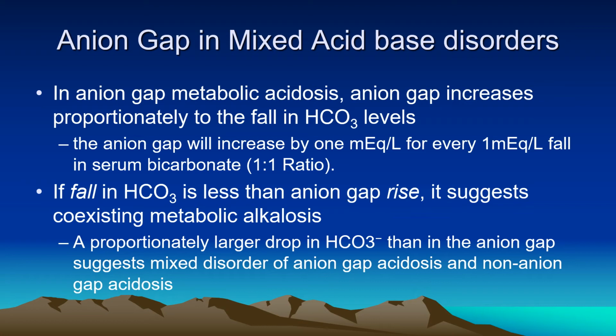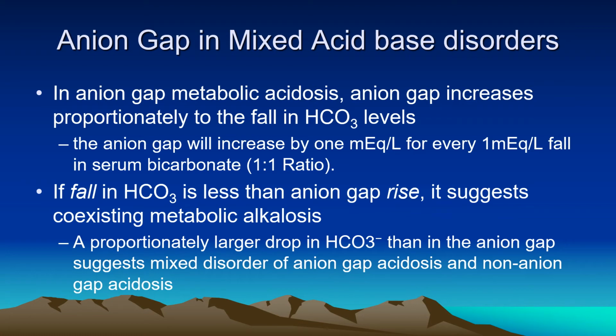This relationship may occur under normal conditions. However, if fall in the bicarbonate is less than anion gap rise, I'll repeat, if fall in bicarbonate is less than anion gap rise, it suggests coexisting metabolic alkalosis.